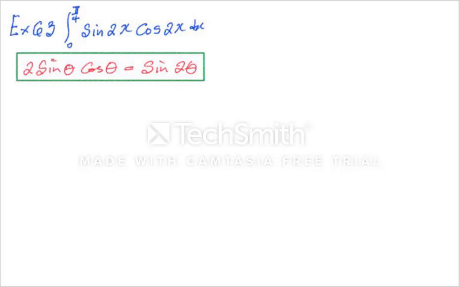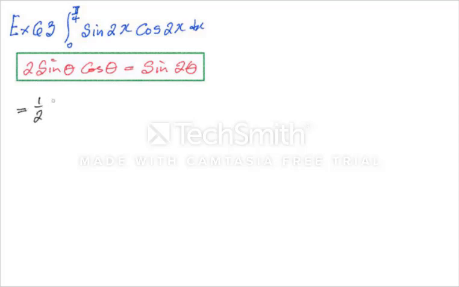All right, example 63. Again, what I'm going to do is manipulate the integral, or the function that I'm integrating, so that it looks like the identity. So I'm going to multiply and divide by 2.